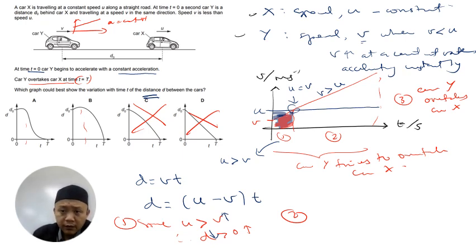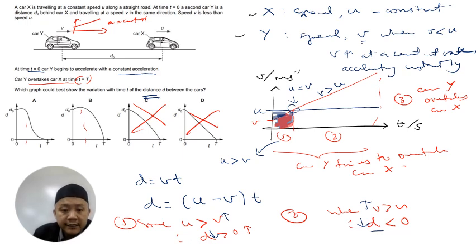Now when v is larger than u, the distance between the two cars would be less than 0. So when v increases, the distance would be smaller. Here d will be decreasing at an increasing rate.